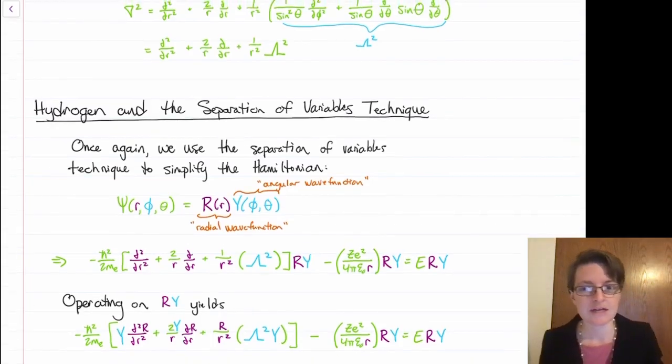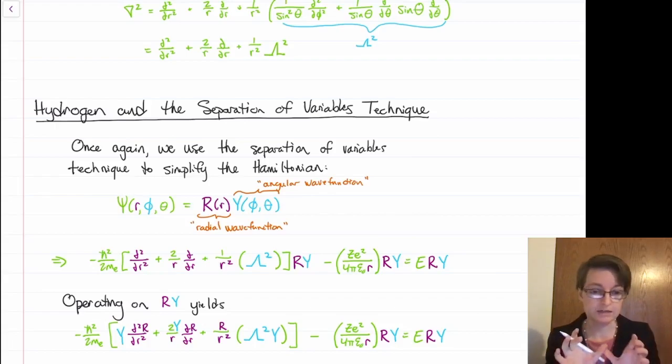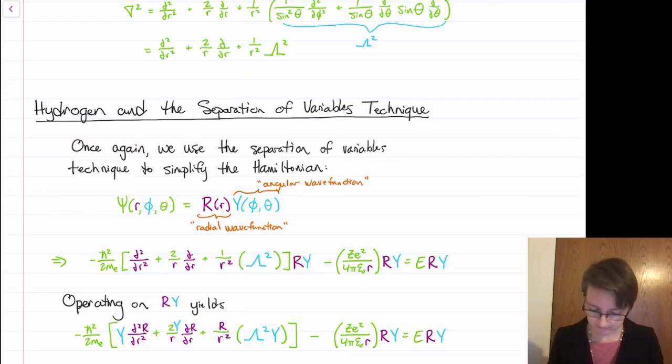And so how this problem is going to be more complicated compared to our particle on a sphere problem is that now we have to do separation of variables to try and get a product wave function that depends on a radial component, a radial wave function, and an angular component, an angular wave function.